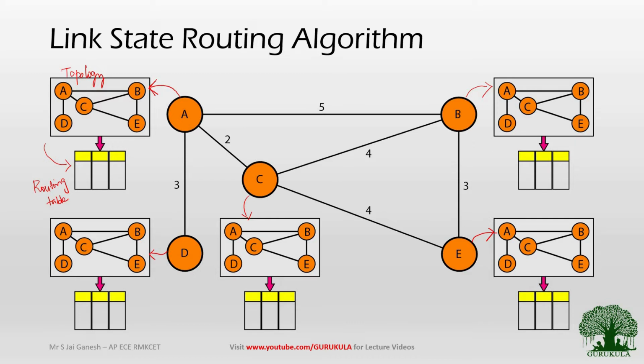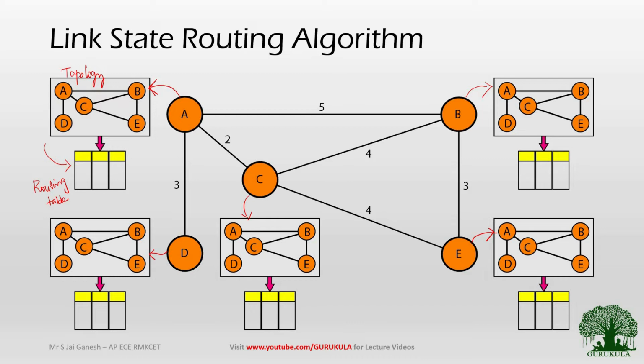So the topology of the network is known to all the nodes present in the network, and then by using that topology, each and every node computes its own routing table in order to route the packets from the source to the destination. And even though each and every node has the same topology, the routing table will not be the same for each and every node. So that is a speciality and the key point which we need to keep in mind in link state routing.